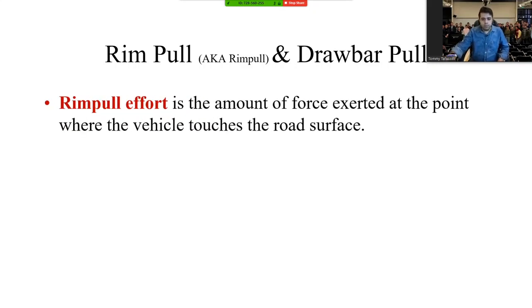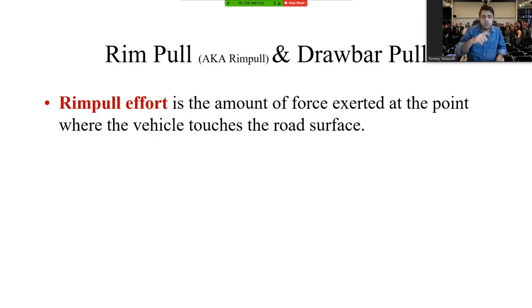Starting with rim pull effort. Rim pull effort is the force. When the machine wants to start moving on a surface, the tires should exert or apply some force on the surface, and if that force is enough, then the machine will start to move.